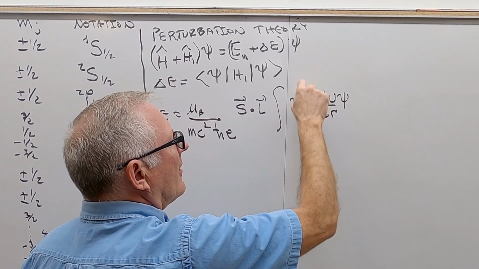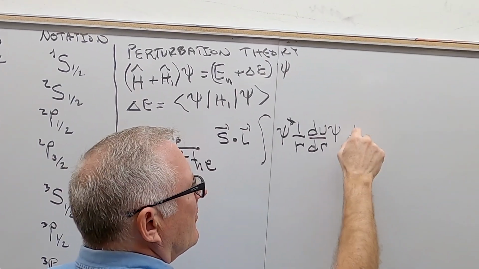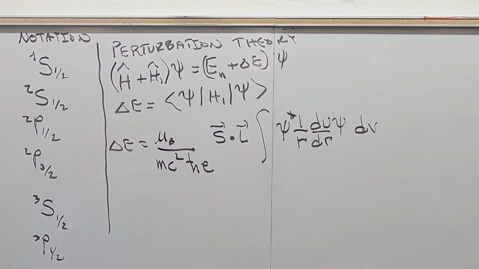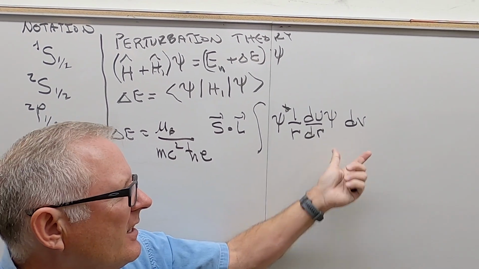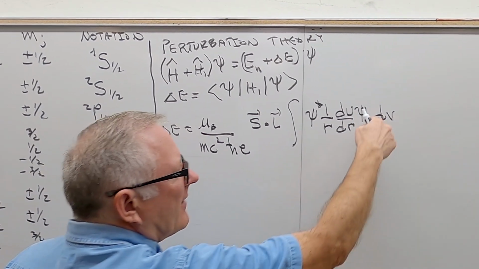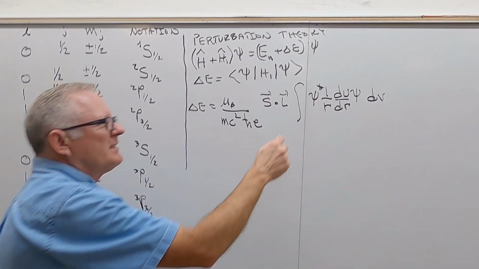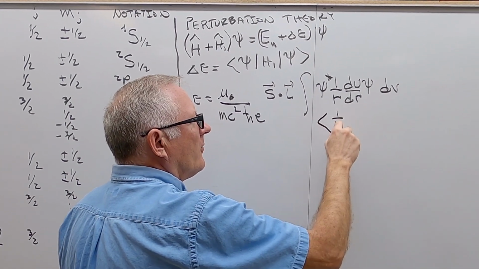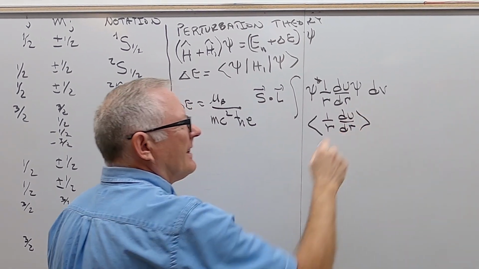Psi star. And you're integrating over r theta and phi. Let's just say the volume right here. Actually, I don't have to integrate over the volume because there's no theta in this and there's no phi in this. So really, I'd only have to integrate over the r. Remember, I'd have to put an extra r squared in there, but I don't want to do that yet. You'll notice this is just the expectation of 1 over r du dr. That's all it is. Why don't I just keep it like that for now?